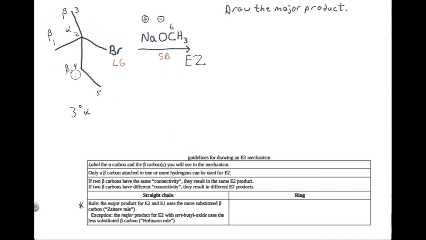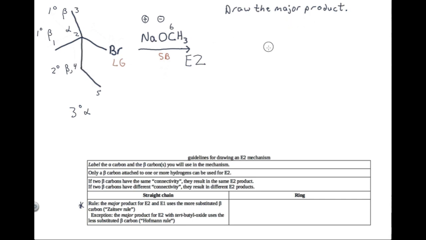To make that clear, notice that carbon 4 is a secondary beta carbon, attached to 2 carbon chains, carbon 2 and carbon 5. Carbon 3 is a primary beta carbon, attached to just 1 carbon chain, carbon 2. And carbon 1 is also primary. A secondary beta carbon is more substituted than a primary beta carbon, so following this rule, we should use carbon 4, the more substituted secondary beta carbon, for our major product.